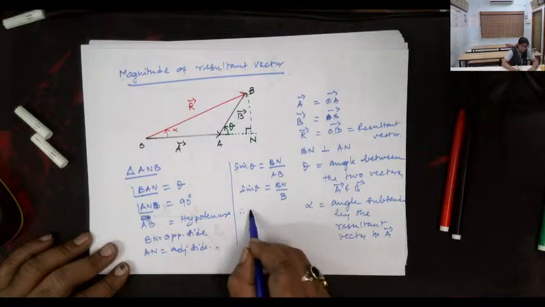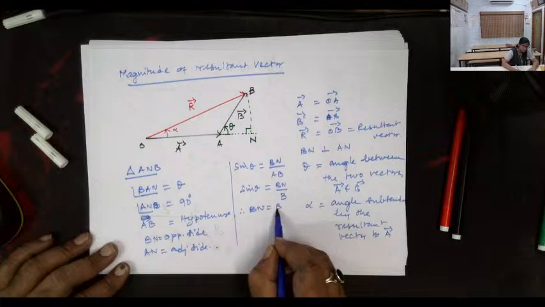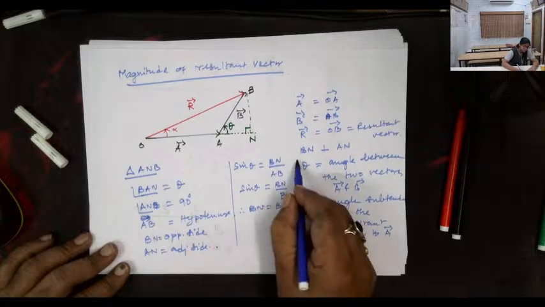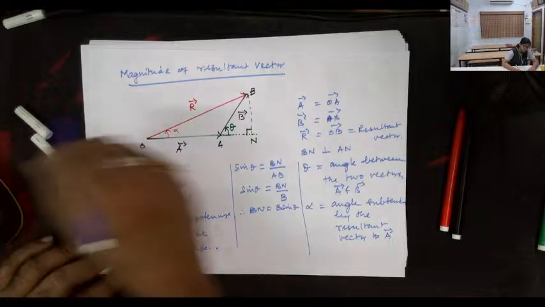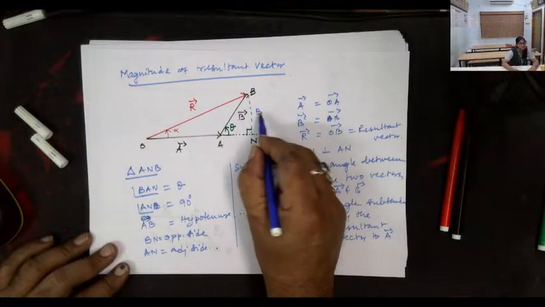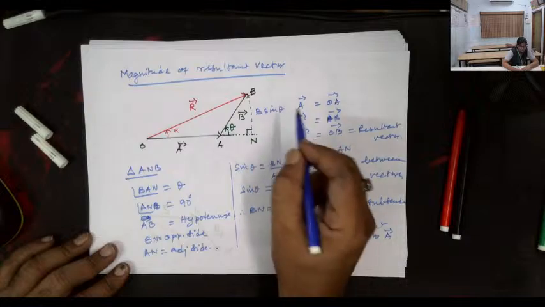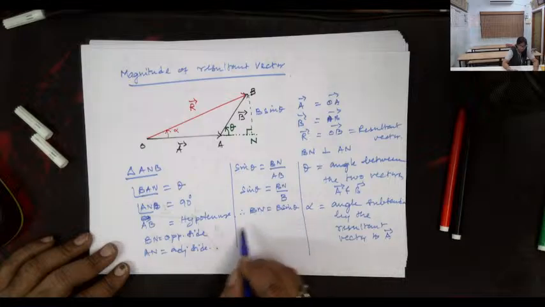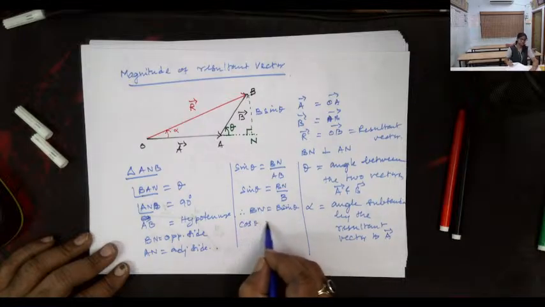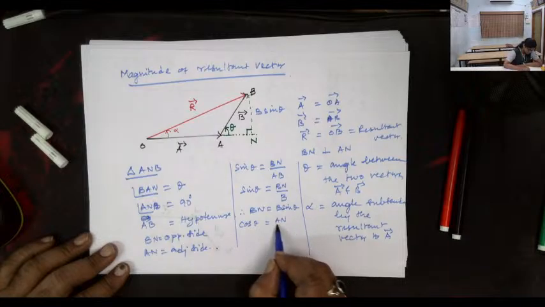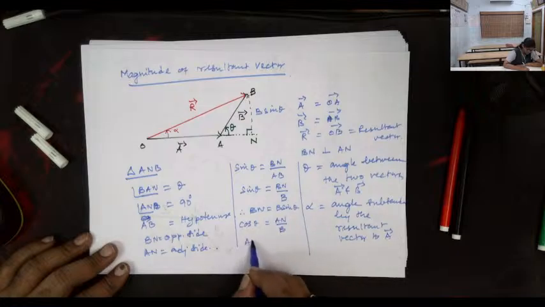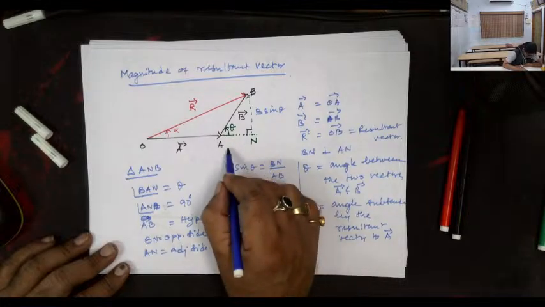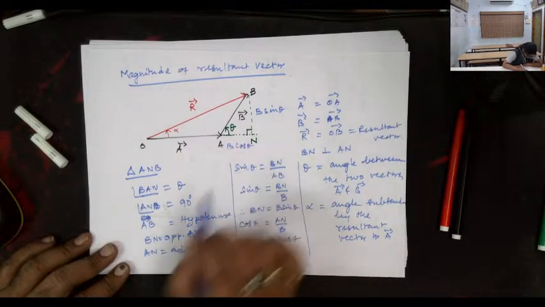Therefore, BN is B sin theta. Do you understand this? So this can be called B sin theta. This is the vertical component. And what about AN? Similarly, cos theta is equal to AN by the same AB, which is nothing but B. Therefore, AN is equal to B cos theta. So you can mention this as B cos theta, right?